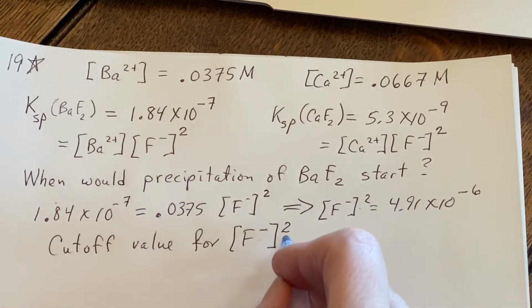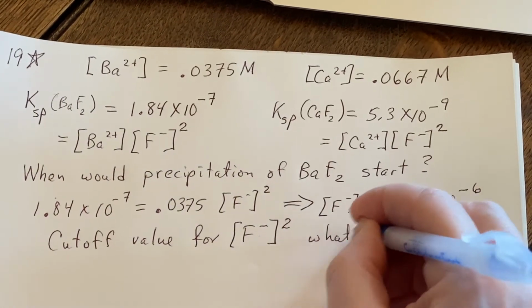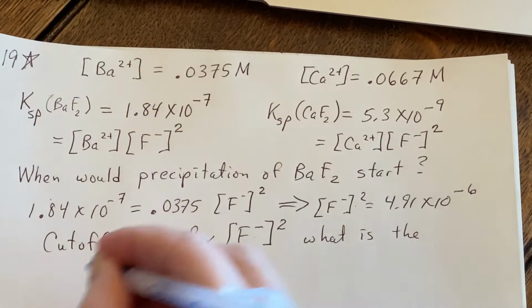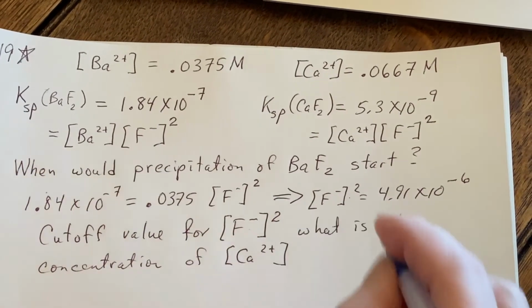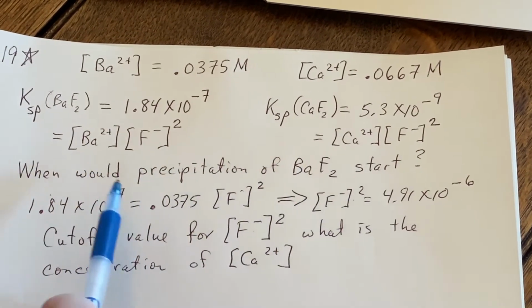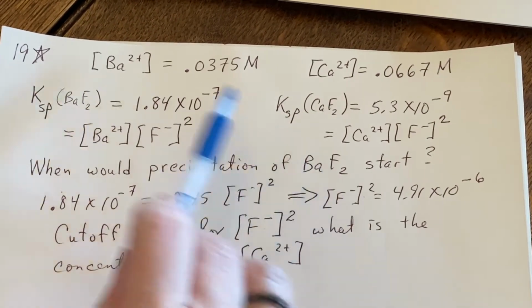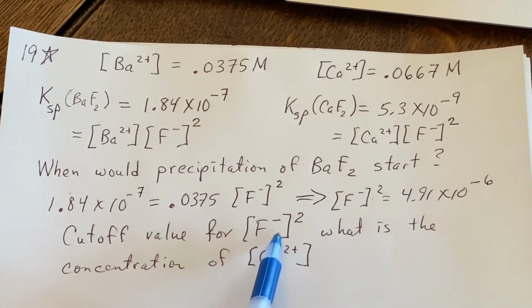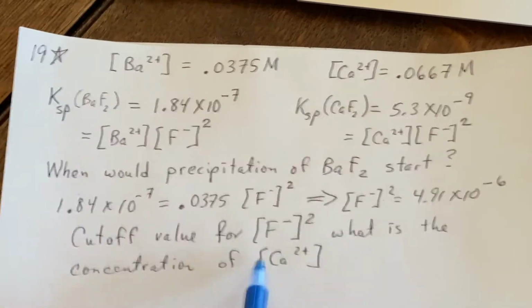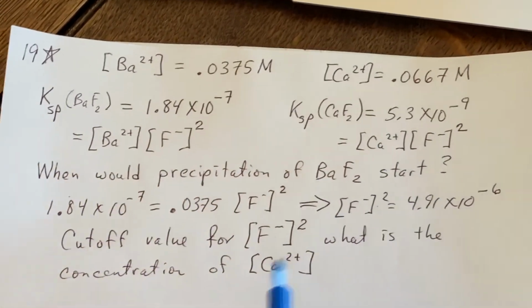So at this cutoff value then, what is the concentration of the calcium? I started by using the one with the barium in it to figure out this cutoff value. And then I asked what that would imply for the value of the calcium 2+.